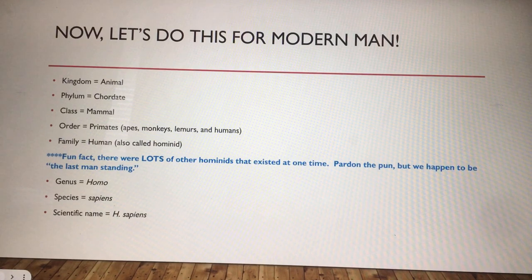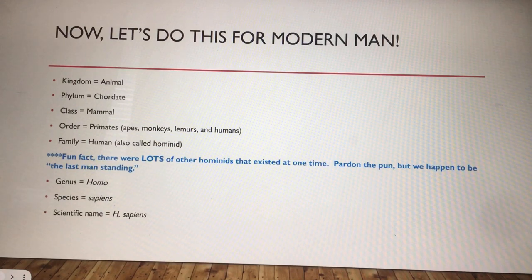I just want to remind you, this is something that might kind of shock some of you a little bit, but at one time there were several other species of humans, hominids, that existed. So it's like this. This is really important. Imagine if I used the word feline and I said, think of a cat. Some of you might say mountain lion. Some of you might say jaguar or leopard or lion or house cat or bobcat or whatever.